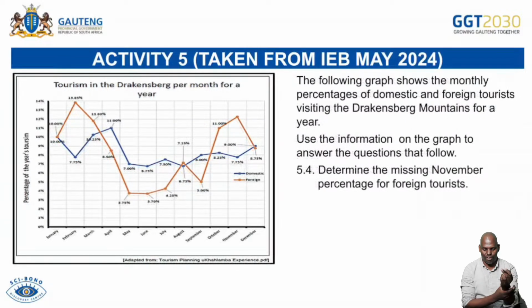And then number 5.4, they say determine the missing November percentage for foreign tourists. Foreign tourists is the orange one. If we go to November for the orange one, all the percentages on the orange points are indicated except for November.